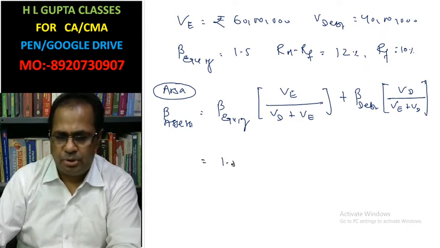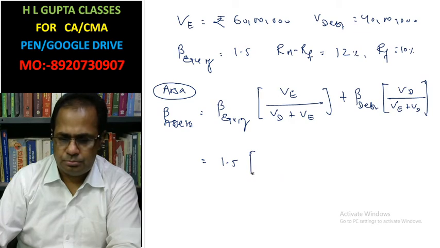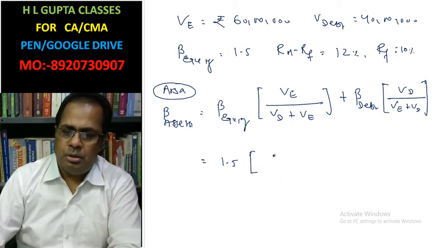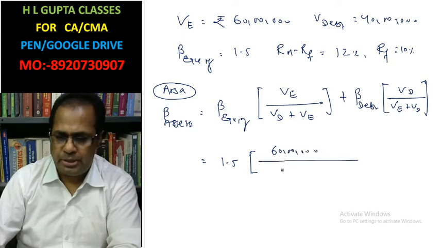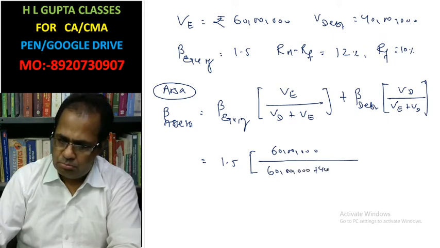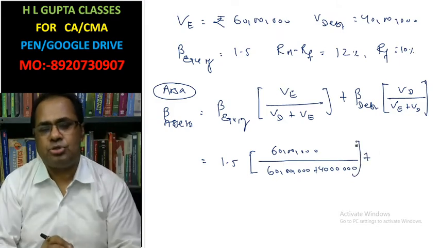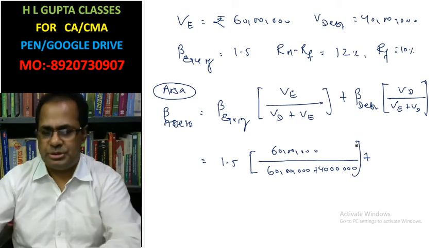Beta equity is given as 1.5, and value of equity is 60 lakh, whole divided by 60 lakh plus 40 lakh. Whenever beta debt is not given, it is assumed to be 0.